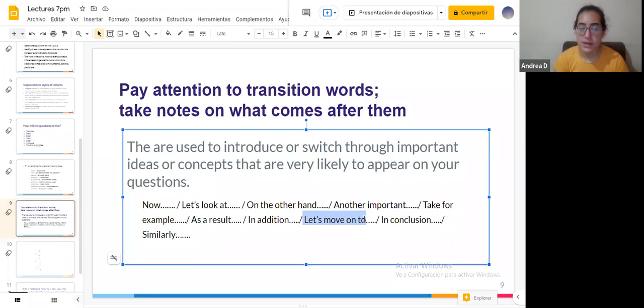Pay attention to the way that the professor speaks as well. If the professor is raising his voice somewhere or repeating something too much, you can highlight it, circle it, because it's probably important. Or if the professor asks a question, that's something that I've seen a lot. Every time the professor asks a question, it is very likely that you'll have the same question in your questions.